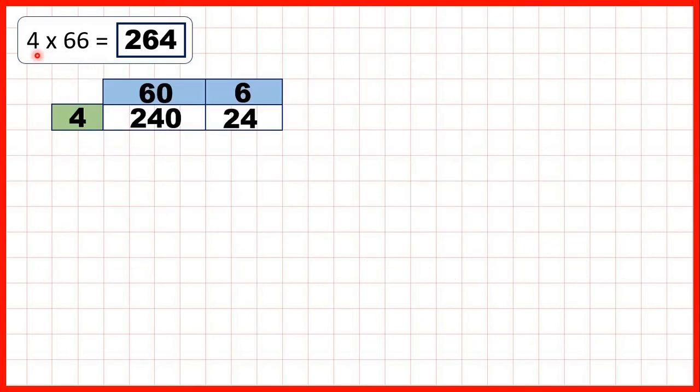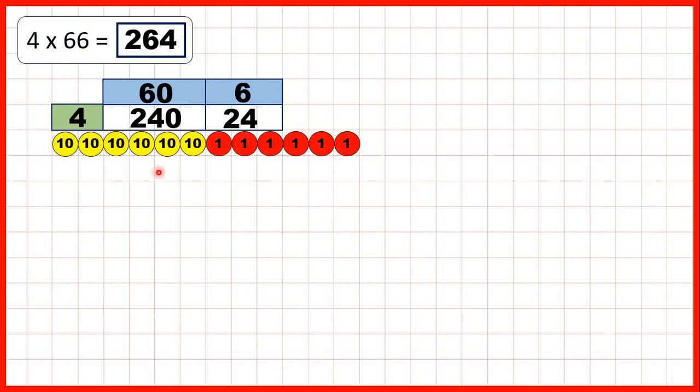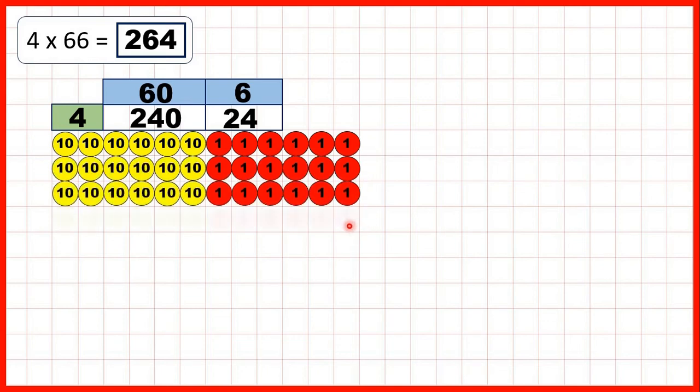Now if we look at this first question again, we had 4 times 66. Now we can show 66 using place value counters. We have 6 tens and 6 ones. And because the other number in our multiplication is 4, we can show 66 2, 3, 4 times.